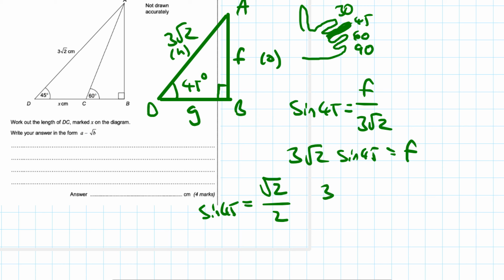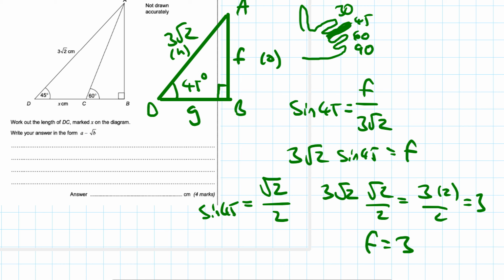So we plug this in, so 3 root 2 over 2. This is equal to 3 times root 2 over 2, so it's equal to 3. So we know that F is equal to 3.